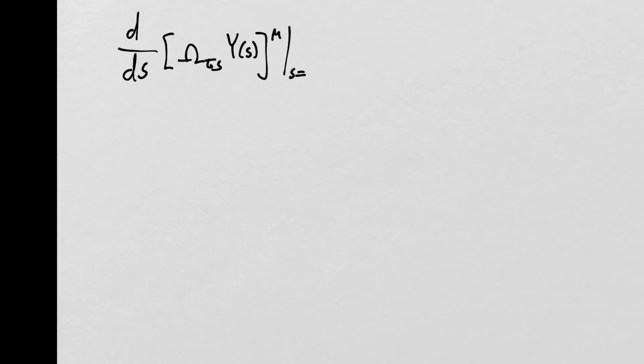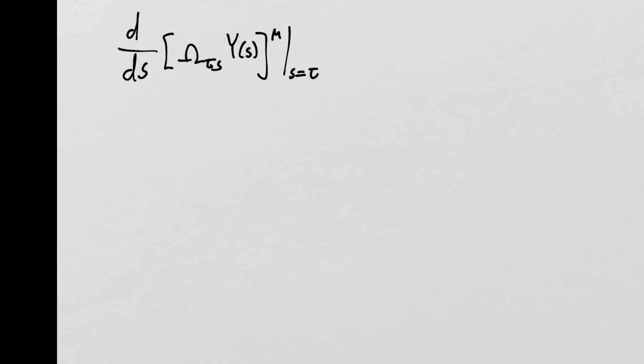We will write d by ds of omega ts of y of s mu evaluated at s equals t. That's the definition we're trying to prove. We're trying to show that this object here is the left-hand side of the parallel transport equation.